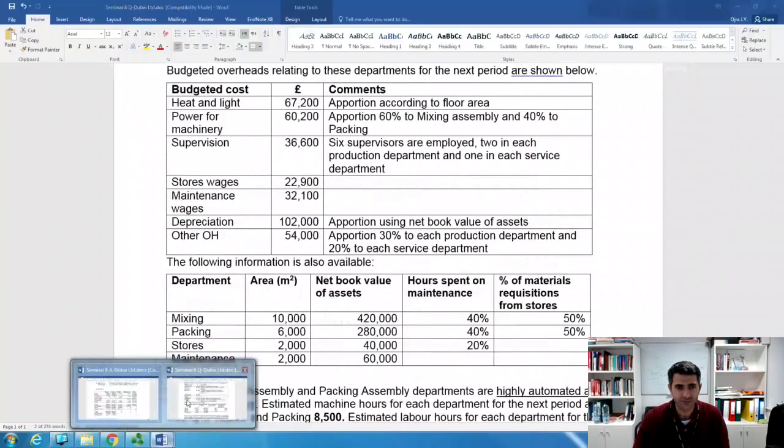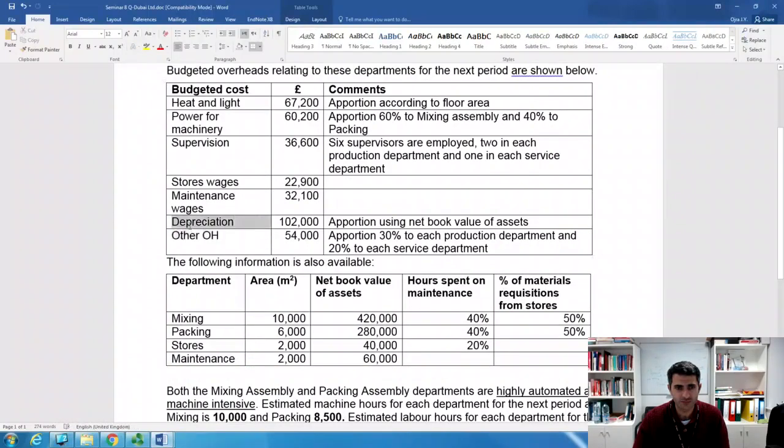Right. Depreciation, £102,000, and the question tells you to apportion using net book value of assets. If you look at the net book value, it's available in the table below: 420, 280, 40, 60, that's total 800,000.